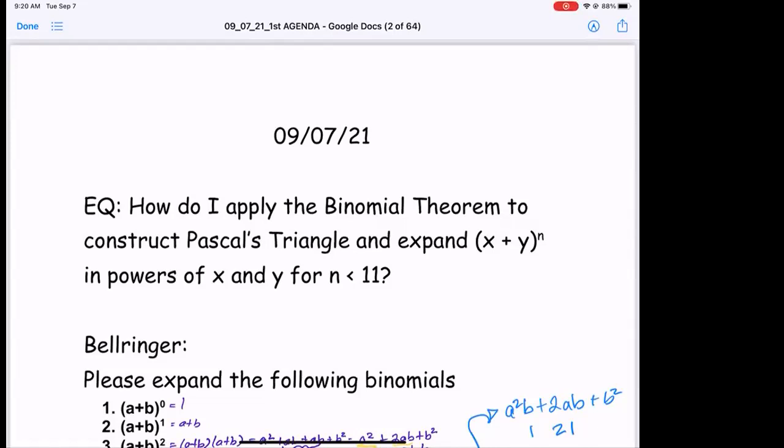Write out a formula. Oh, wait. Oh, I got it. It does work.